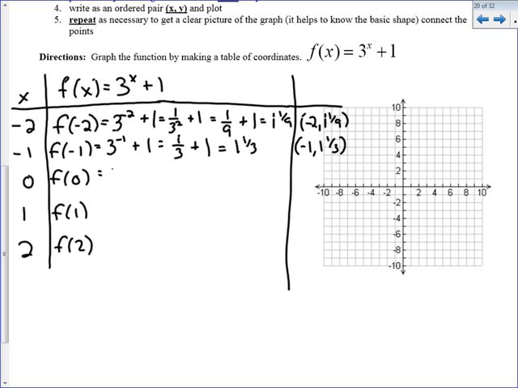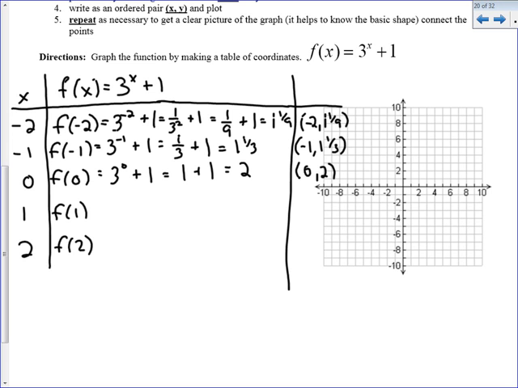This time put 0 in for x. 3 to the 0 power. 1. Make sure anything to the 0 power is 1. So this is 1 plus 1. Look how easy today is. 2. We're going to do it again.